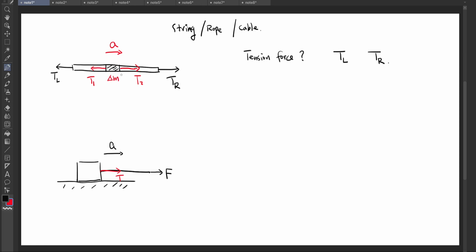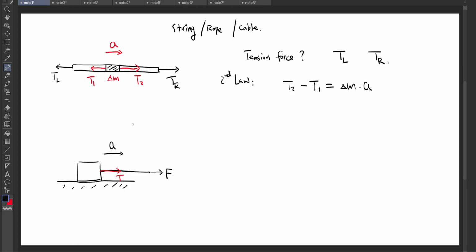So these are the two forces acting on delta M, and that would be the free body diagram for this delta M. According to Newton's second law, we can write down T2 minus T1 equals delta M times A.